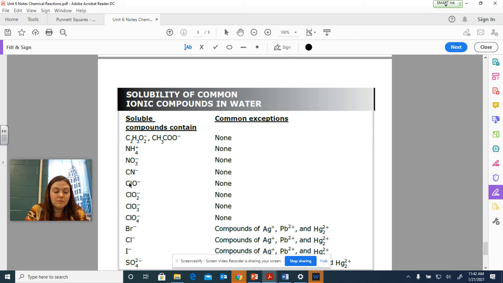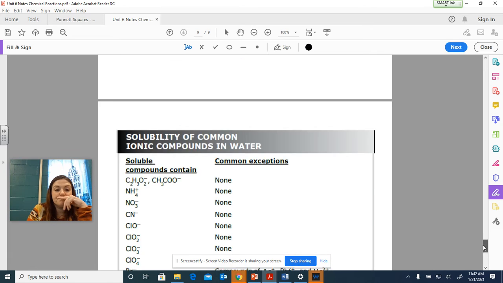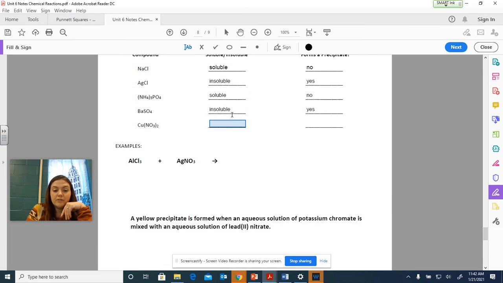This one would be perchlorate, chlorate, chlorite. I can't remember what the one's called. But all the chlorine ones with oxygen are always soluble. So up here, definitely always soluble. If it's soluble, then it's not a precipitate. So that part, easy peasy.